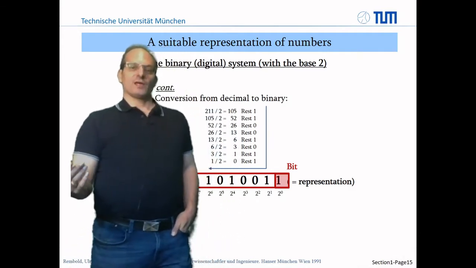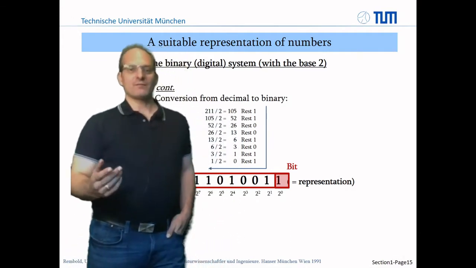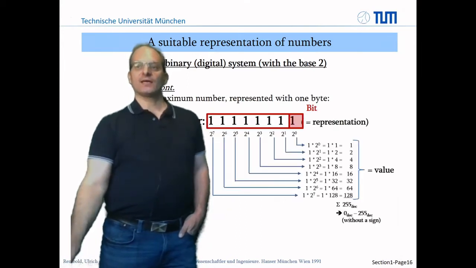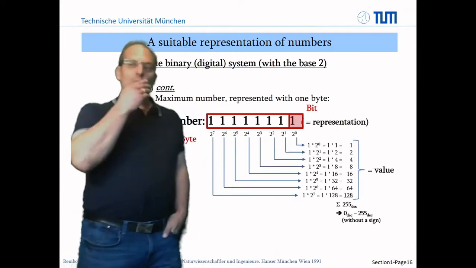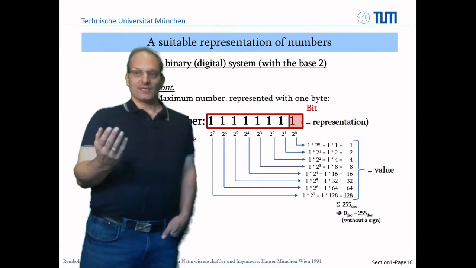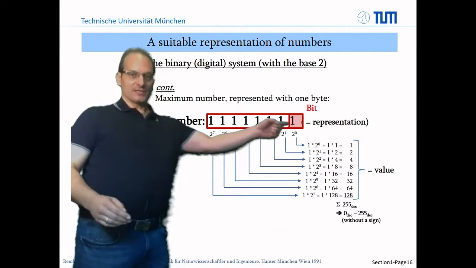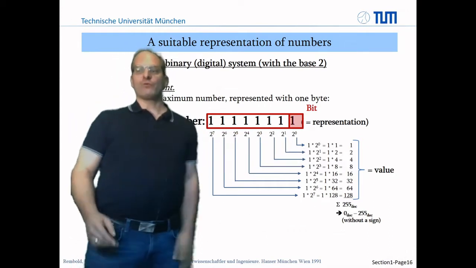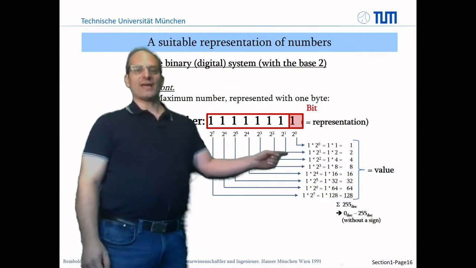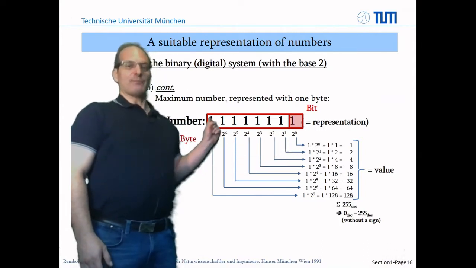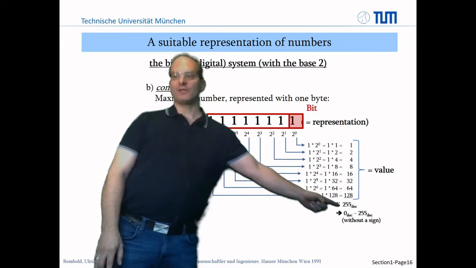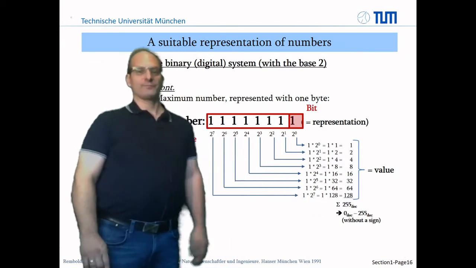And therefore, you can also calculate the maximum number which can be represented in a binary field. So this means for 8 bits, you set everything to 1. And if you calculate this, you will find out that you can represent with these 8 bits a maximal decimal number of 255.